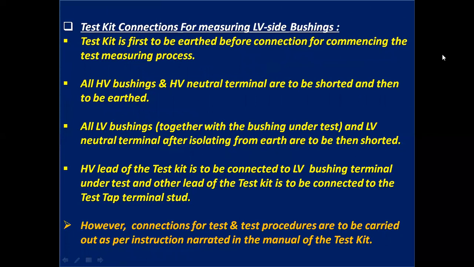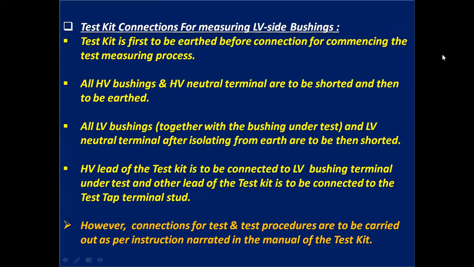Test kit connections for measuring LV side bushings. The test kit is first to be earthed before connection for commencing the test measuring process. All HV bushings and the HV neutral terminal are to be shorted and then earthed.